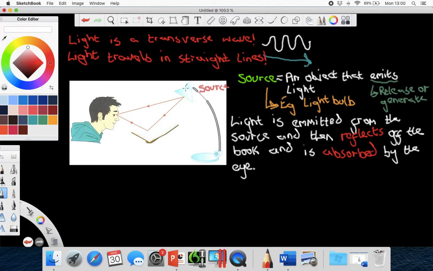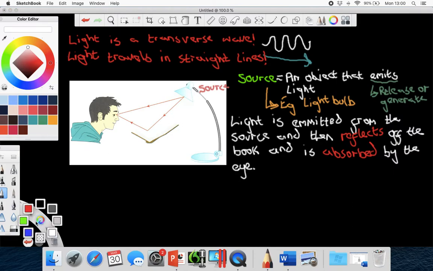So the light, notice it's travelling in straight lines, reflects off the book, bounces off of the book. We'll do a whole lesson on reflection after this one. It reflects off the book into the person's eye, and they then make sense of it. Now, the book is said to be transmitting light. What that means is it's not producing the light itself, but light is being bounced off it, or it's passing through it.